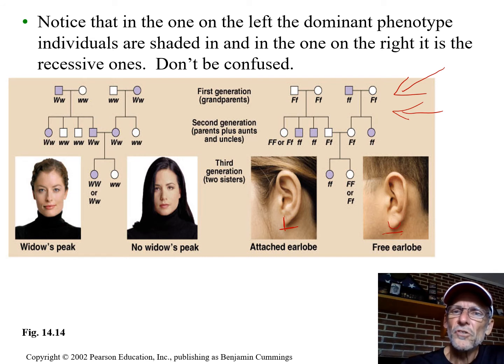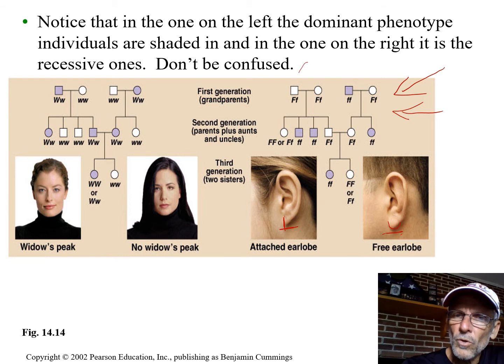So if you weren't told, like I just told you, which of these traits was dominant, and you're looking at this chart where you went to a bunch of people, you found out, did you have attached earlobes or free earlobes? And then you made a chart showing, did you have attached earlobes? We're going to symbolize you as either a box for male or a circle for female that aren't filled in.